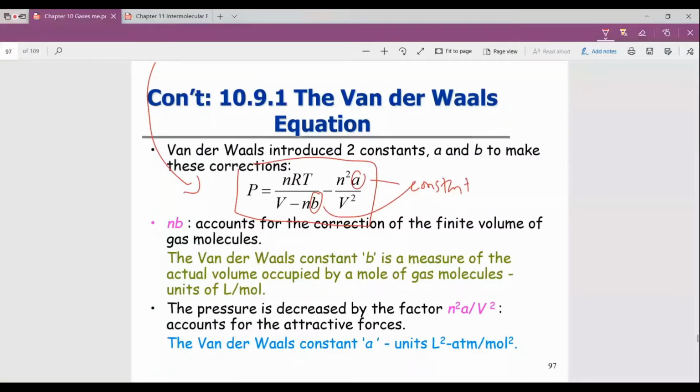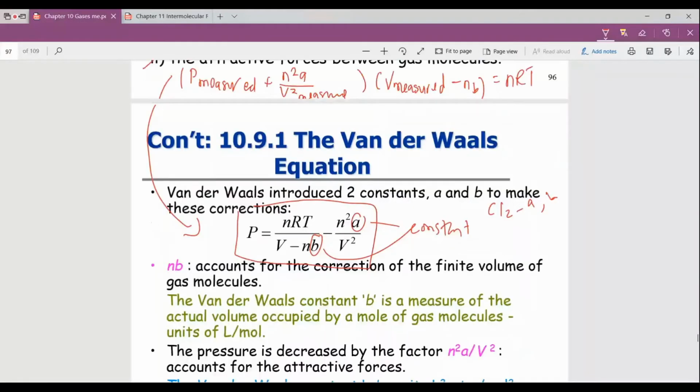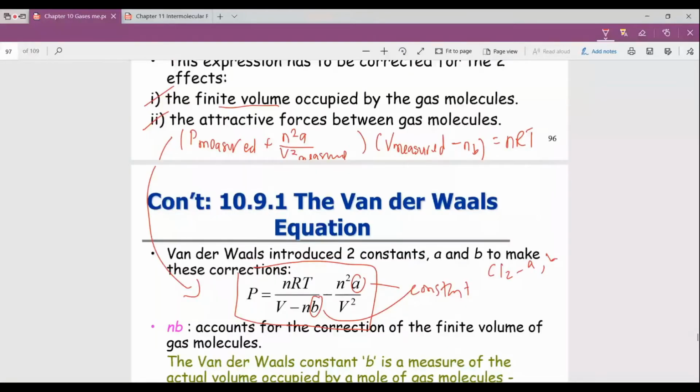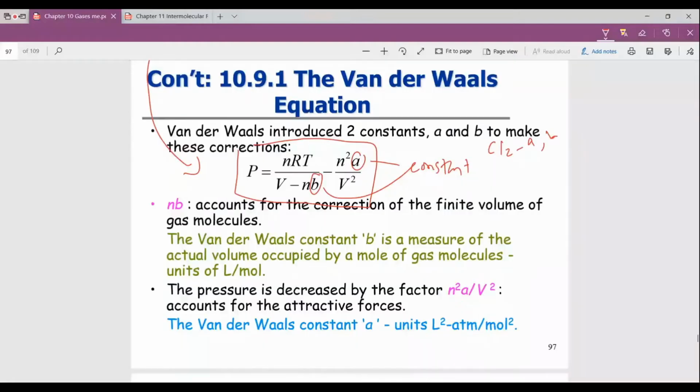Let's say Cl2 gas, what are the a and b values? This corrects the pressure and also the volume, because these two factors affect the real gas expression of PV equals nRT. So nb is the correction for the finite volume of the gas.